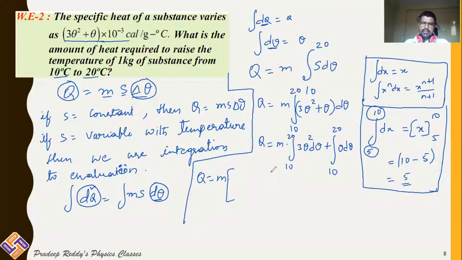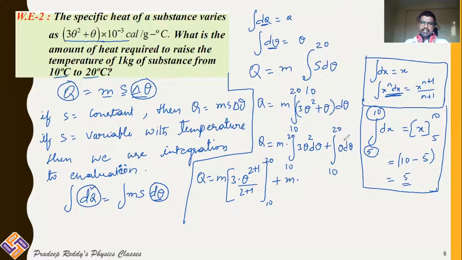I'll write it outside. θ² dθ is in the form of xⁿ dx. Integration of θ² dθ is θ^(n+1) divided by n+1. N is 2, so that gives θ^(2+1) divided by 2+1, with limits from 10 to 20, plus m into integration.